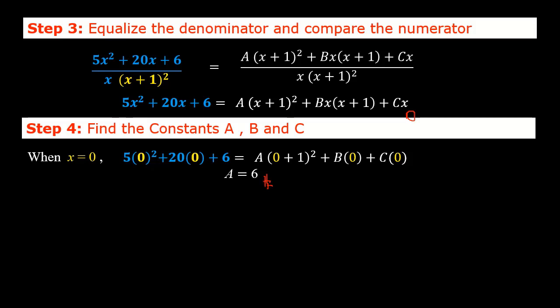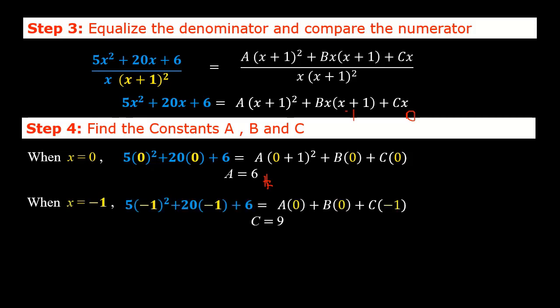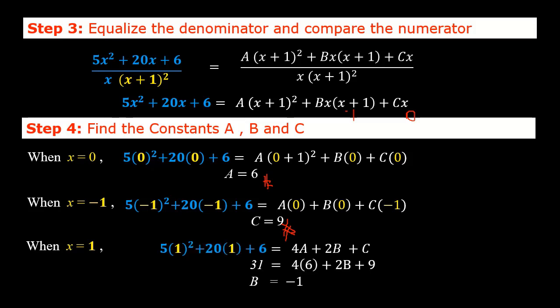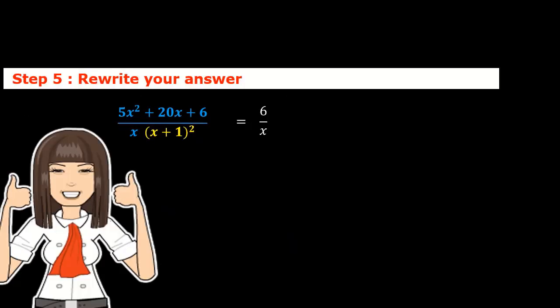Another value I can choose is -1, so I will have C as 9. Finally, I can choose any value, say x = 1, so I will get the value of B here. Step 5, I just rewrite the answers in partial fraction form. This is the value of A, this is the value of B, and this is the value of C.